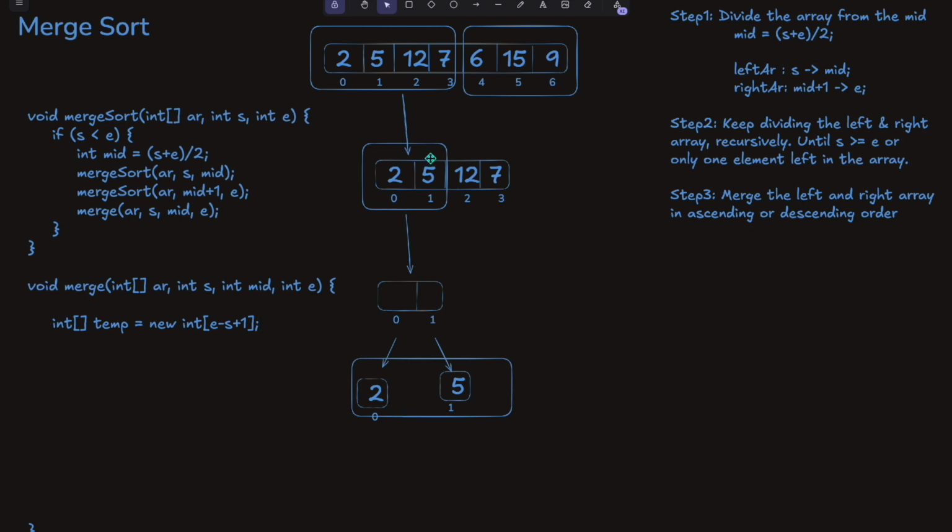When you come here, it will again change the end and starting value, and it will create the temporary variable with some size accordingly. And in our previous explanation, we saw we need 3 pointers, right? First will come here, second will come here, and third will come here. So let me create, so this we will consider as left, the start point of the left array, which is nothing but s.